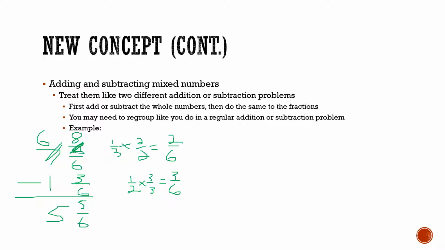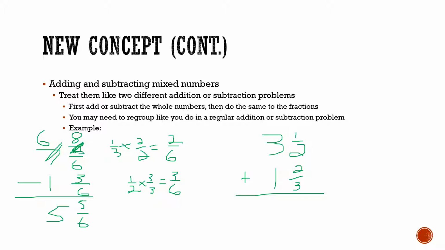Now let's do an addition example. Say we have 3 1/2 plus 1 2/3. Same thing here. We're going to change our fractions so they have a common denominator. Again, it's 2 and 3, so I know it's going to be 6.